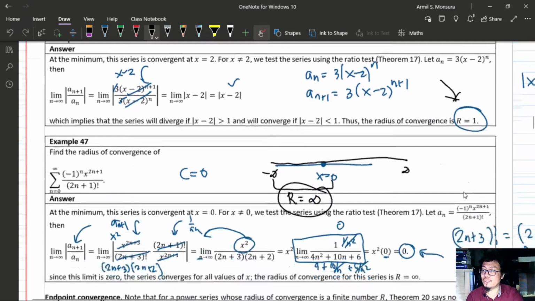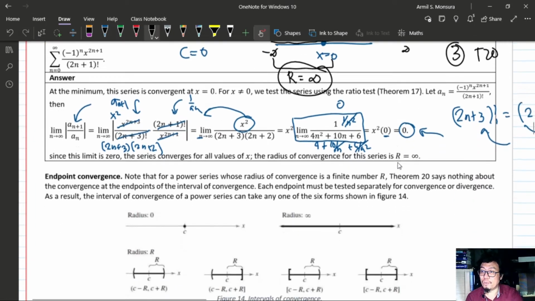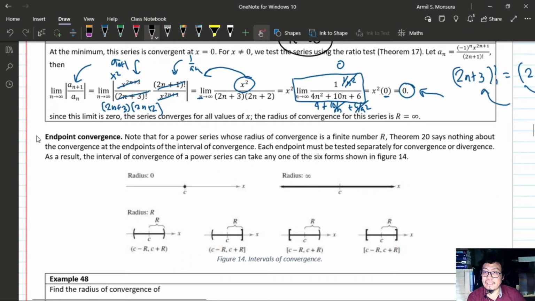And you have here the third stipulation of theorem 20, in which your radius of convergence would be infinite, and the entire real number line is your interval of convergence. But again, as I pointed out in example 46, theorem 20 is silent about how the series would converge at the endpoints.